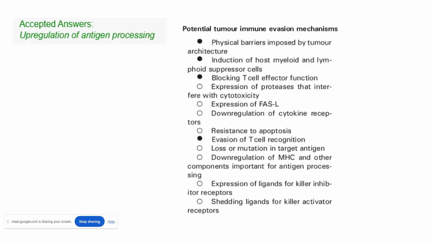And then induction of host myeloid and lymphoid suppressor cells, blocking of T cell effector function. So these tumors are able to suppress the host immune system. Further, it evades the T cell recognition, but it does not upregulate antigen processing.